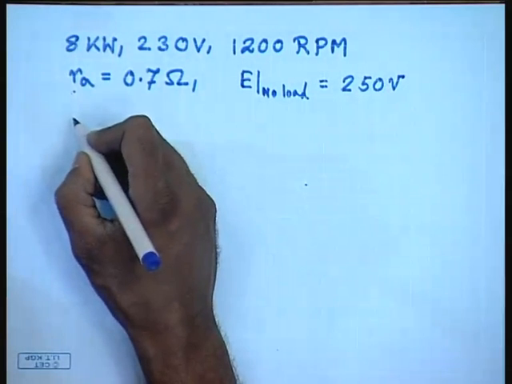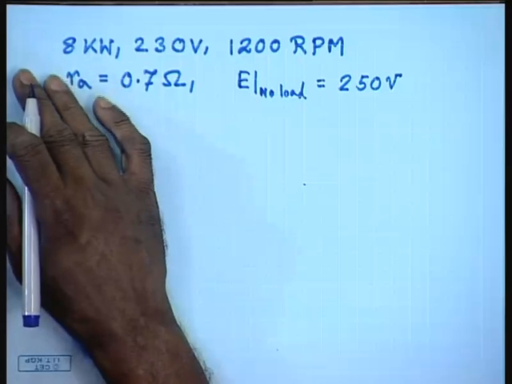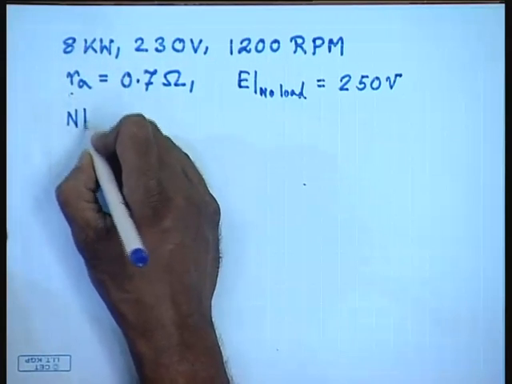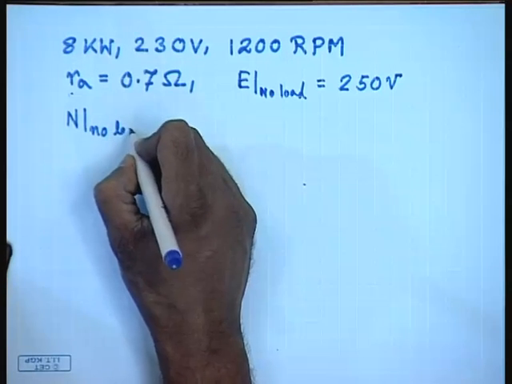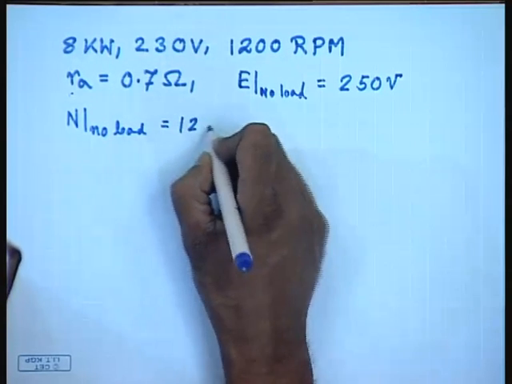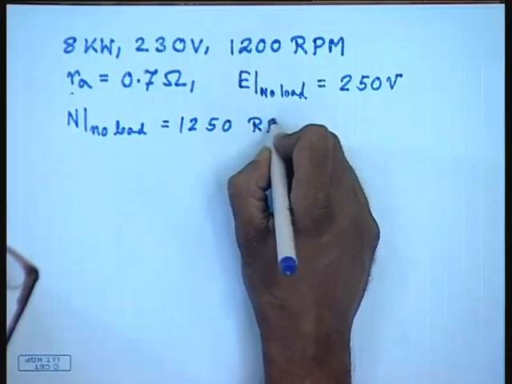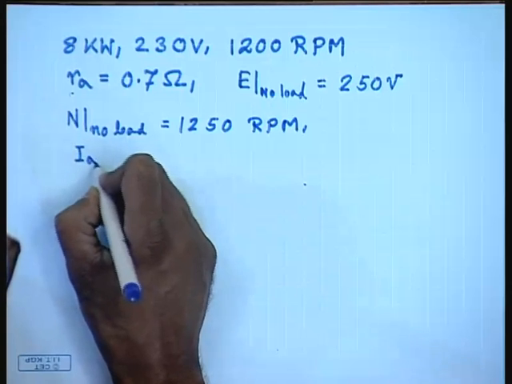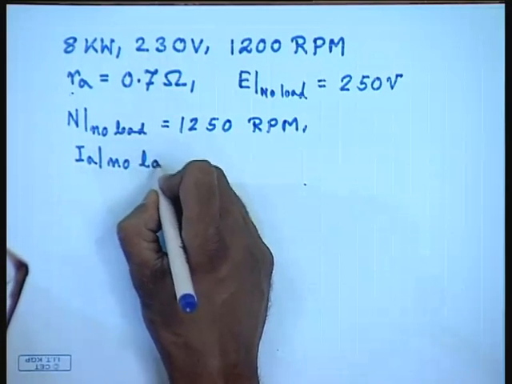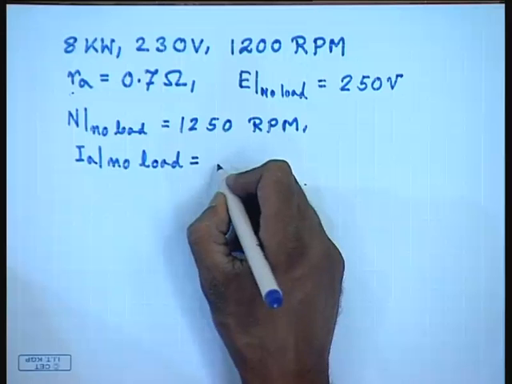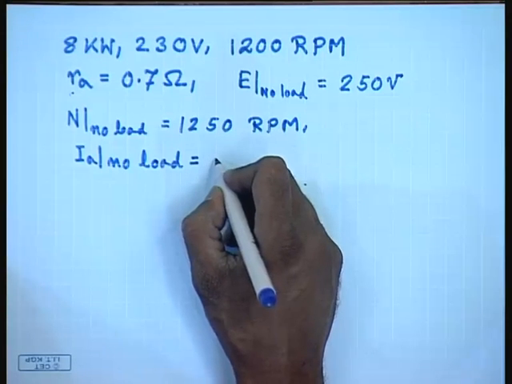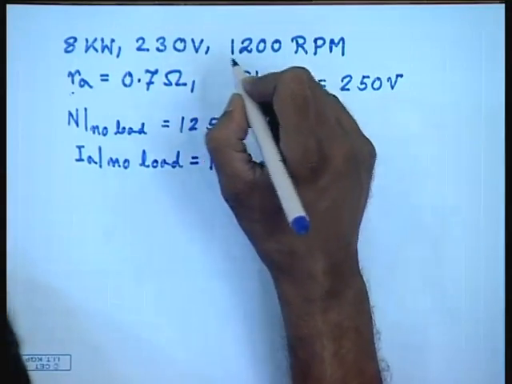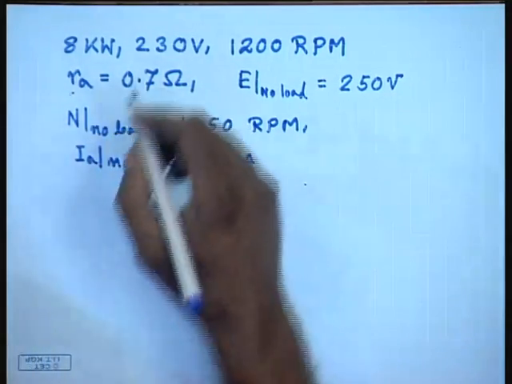The motor runs at no load at 1250 RPM and draws an armature current of 1.6 amperes.